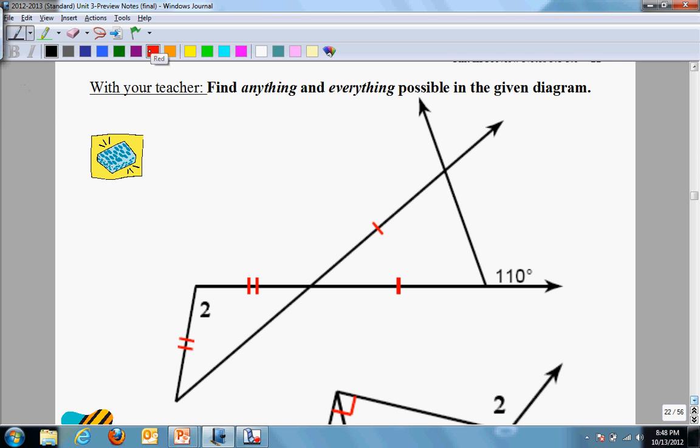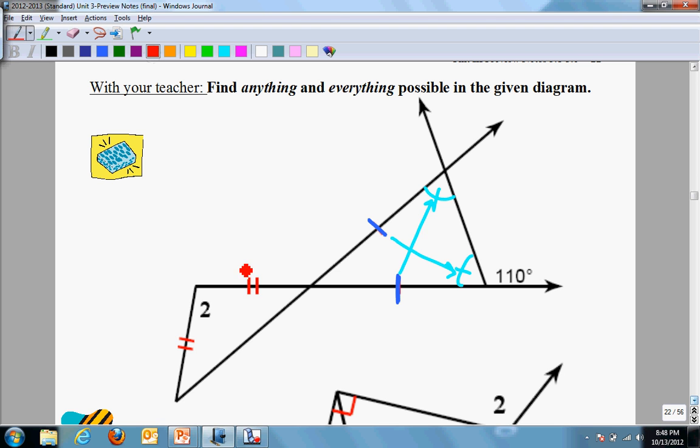So we're going to follow the hatch marks. Follow with me. Darken this hatch mark and darken this hatch mark. Now follow that hatch mark, draw an arrow. Follow this hatch mark, draw an arrow. This means that these two angles, here and here, have to be equal. So hatch, hatch.